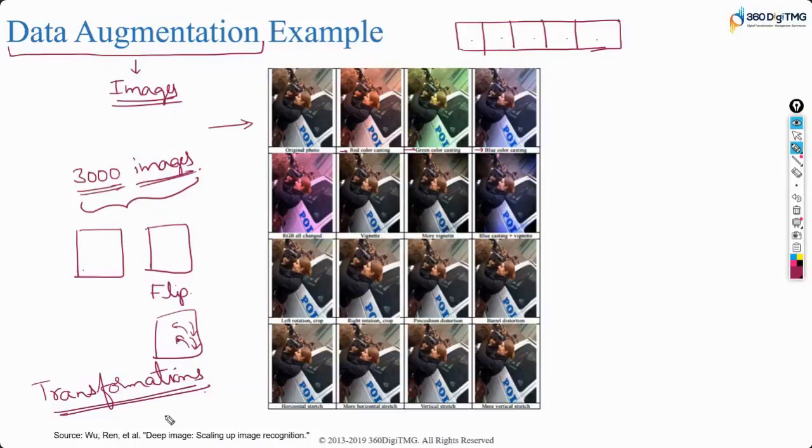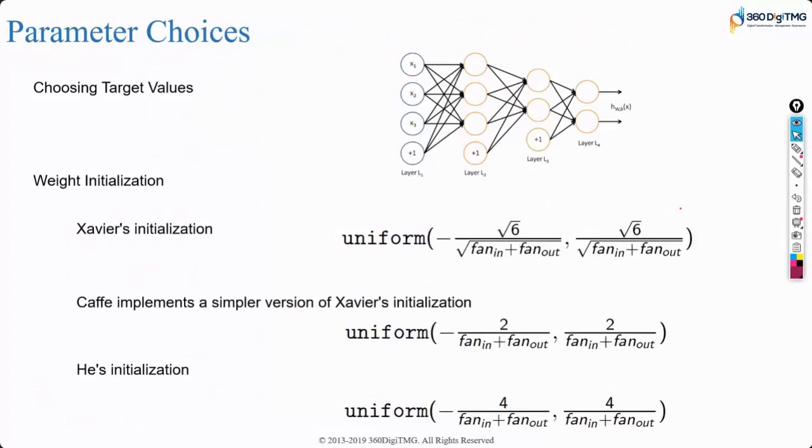Basically, when you do a lot of transformations, things will fall in line. This is how you improve the model performance.